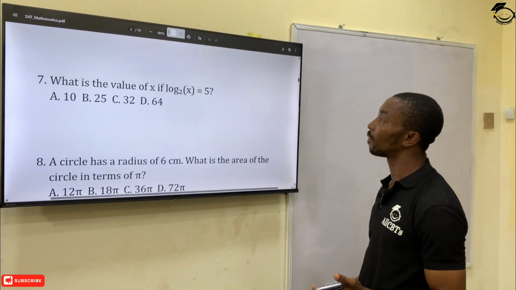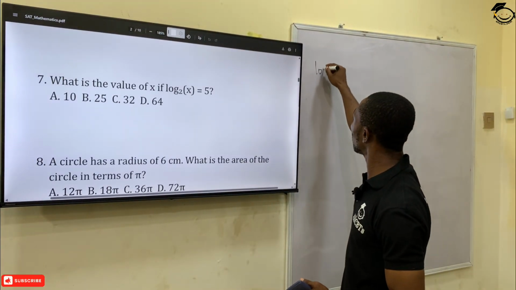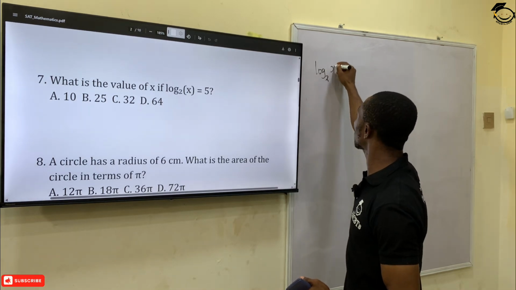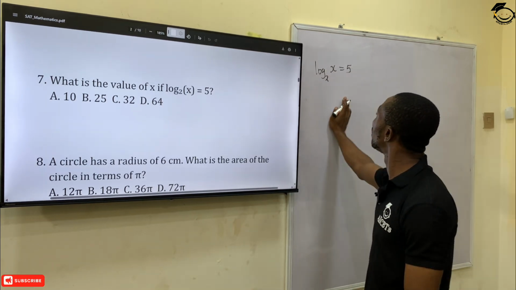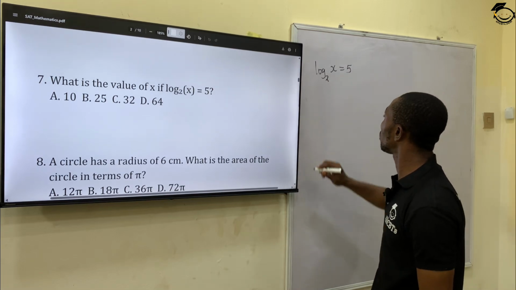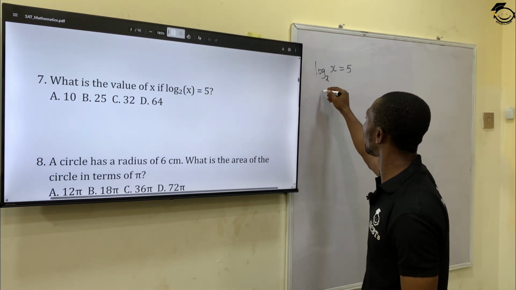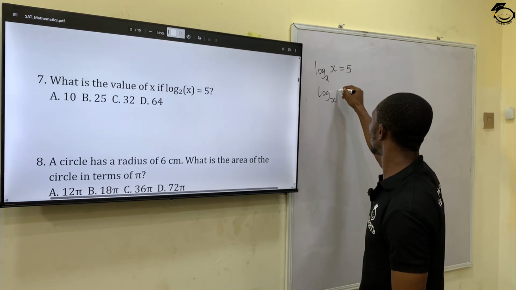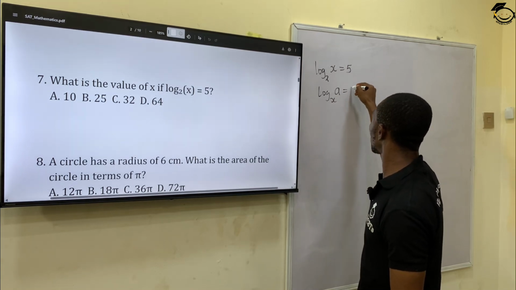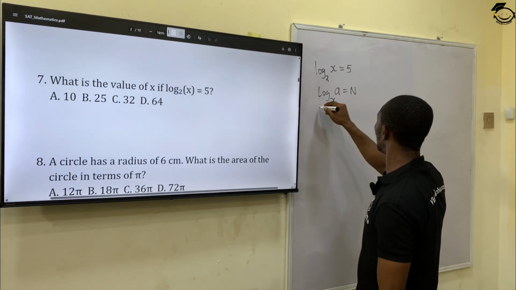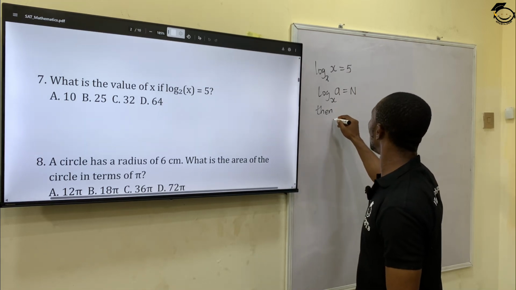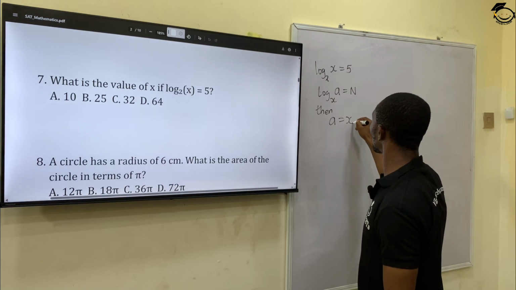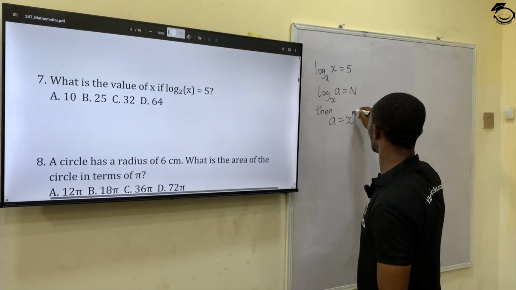What is the value of x if log base 2 of x equals 5? Now, in solving this, we are going to apply our logarithm law that says if you have log base x of a equals n, then a equals x raised to power n.